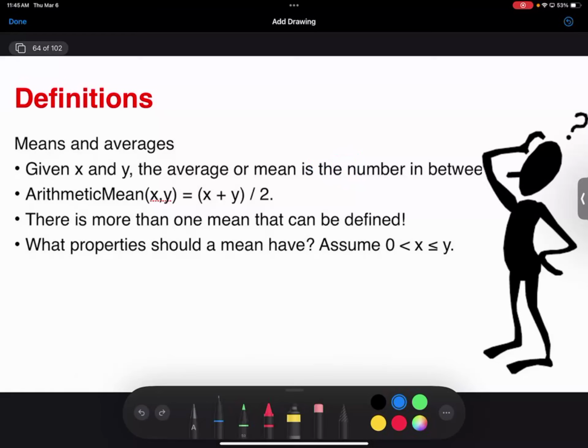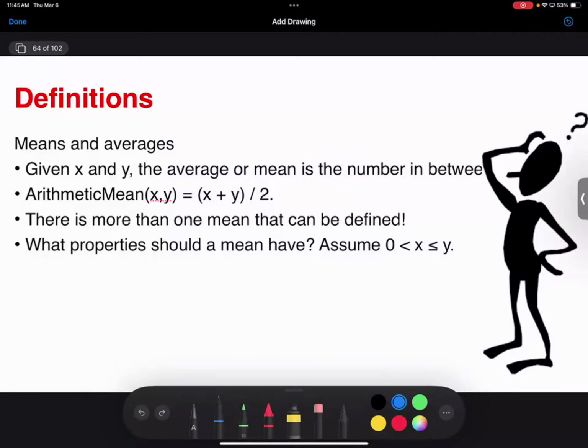It turns out there's more than one choice of mean that you can study. Out of curiosity, how many of you have seen other means? Okay, good. Everybody has seen other means before. What properties should a mean have? Without loss of generality, let's assume that the numbers are non-negative.